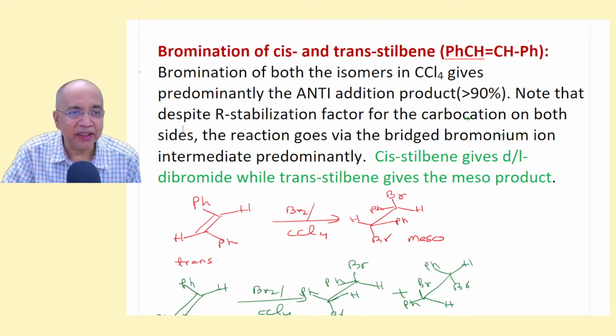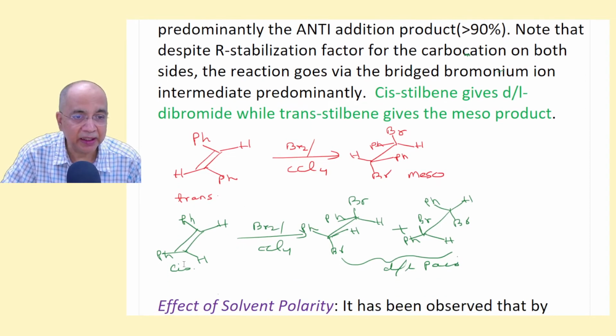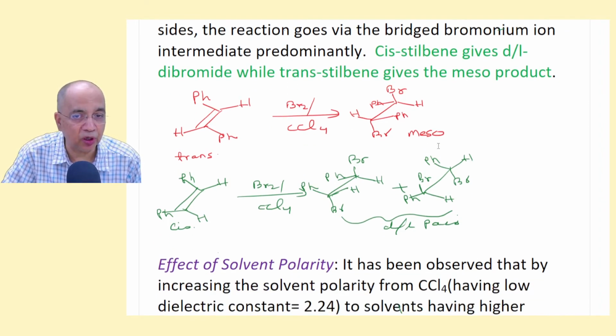Note that despite the resonance stabilization factor on both sides, the reaction goes via the bridged bromonium ion intermediate predominantly. The cis stilbene gives 100% dibromide and the trans stilbene gives the meso product.